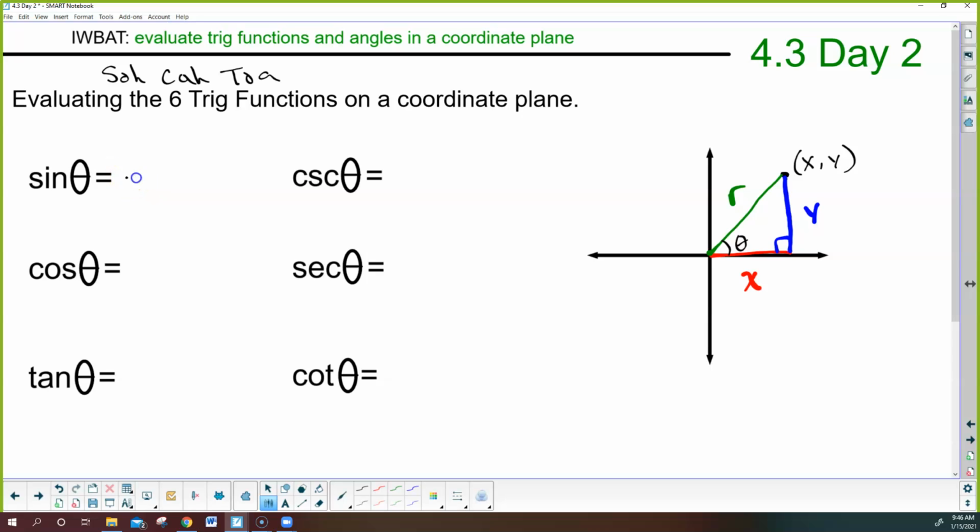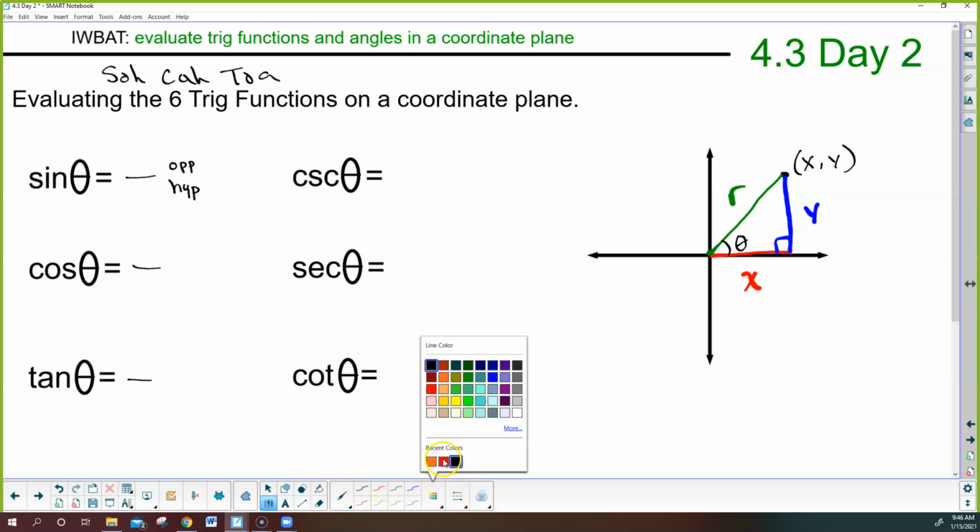So let's look at, well, what is sine, cosine, and tangent as ratios? And if you want to, I'm using SOHCAHTOA. And I'll try to color coordinate this, but sine is opposite. So where's my opposite?